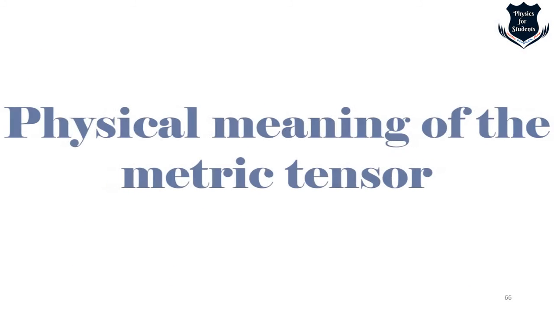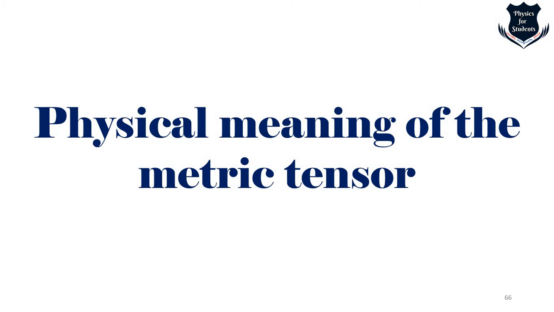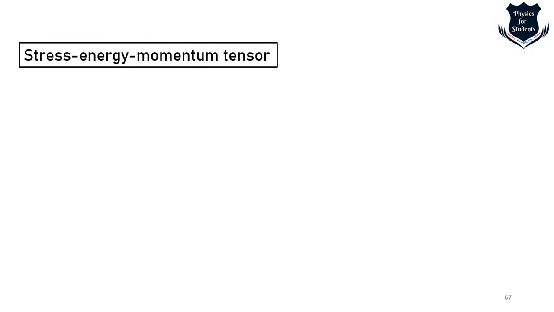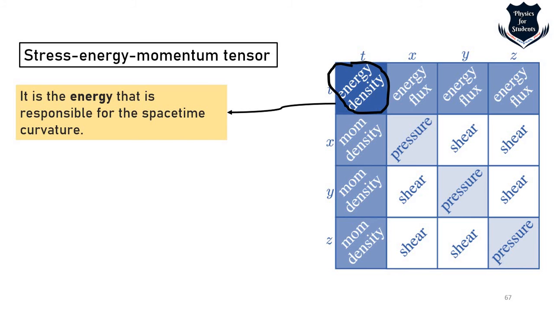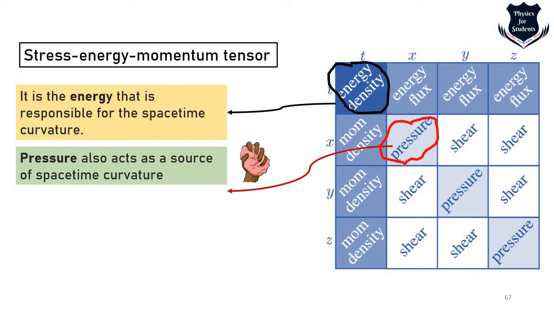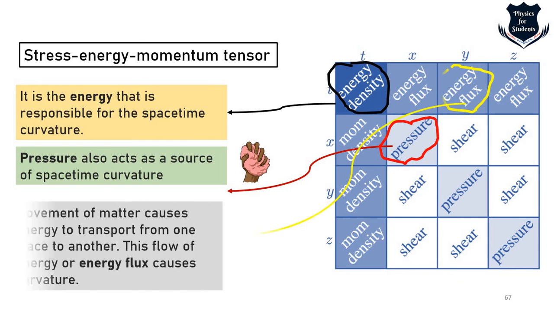Okay, so let us see what is the physical meaning of the metric tensor. I mean to say physically how we can define that, right? For the stress energy momentum tensor, in the earlier video and even now, I have categorized them individually. So this is the energy density responsible for the space-time curvature. This one is the pressure. You see the hand is crushing, so it also acts as a source of space-time curvature.